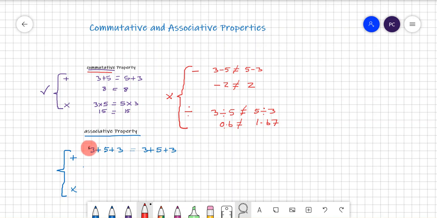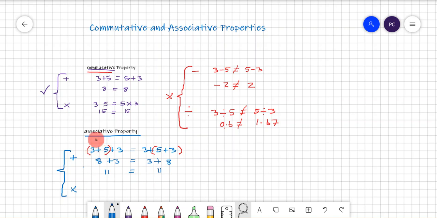So if I put brackets like this, (3 plus 5) plus 3 is equal to 3 plus (5 plus 3). If I work this problem out, 3 plus 5 is equal to 8, plus 3, and this is going to be equal to 3 plus 8, and if I add these together I get 11 is equal to 11.